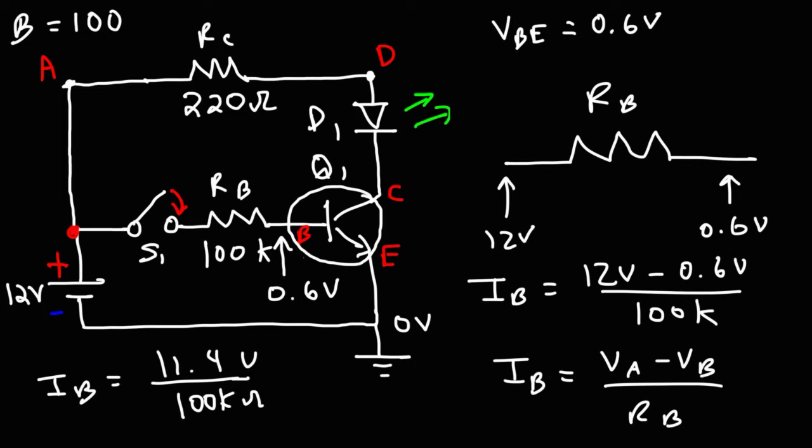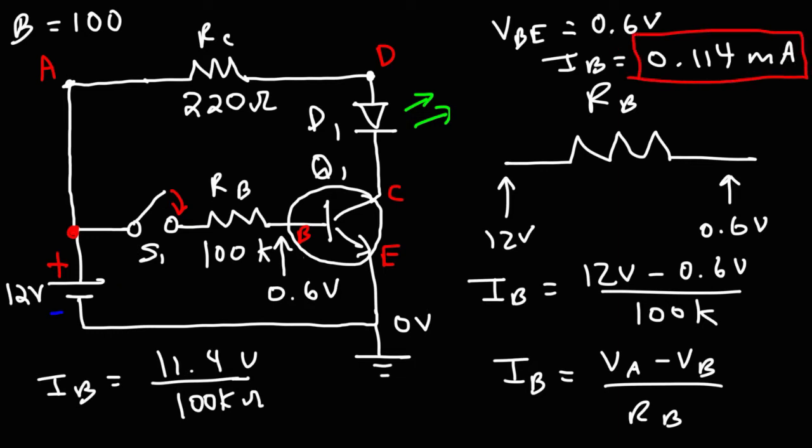If you divide volts by kilo ohms, you get the current in milliamps. So 11.4 divided by 100 will give us a current value of 0.114 milliamps. When you understand that, you don't need to convert amps into milliamps, nor do you need to convert kiloohms into ohms.